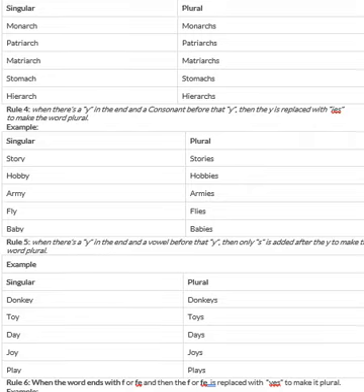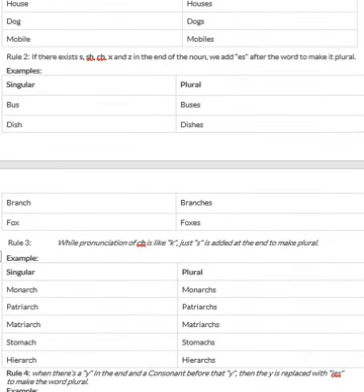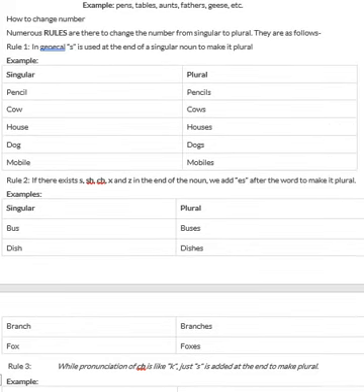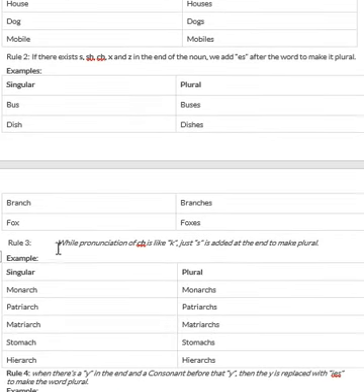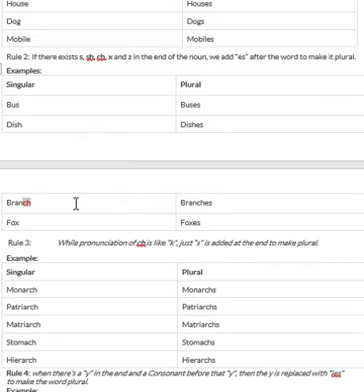There is a differentiation you have to keep in mind, I think. A branch became branches because here the word branch is pronounced as cho, not as ko.